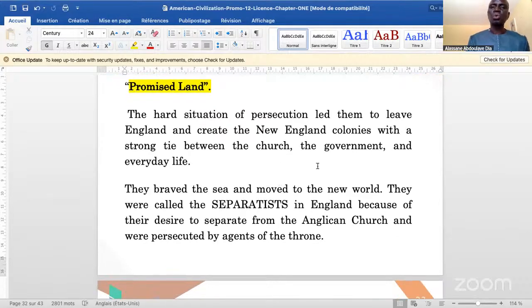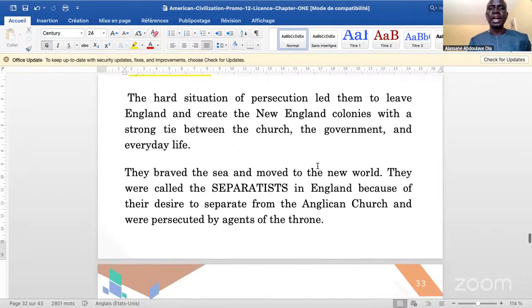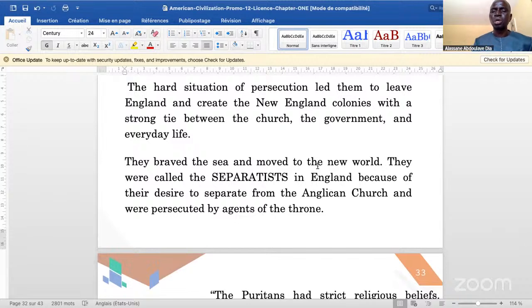So the hard situation of persecution led them to leave England and create the New England colonies. When they came, they had to establish the New England. You will see a group of colonies called the New England.